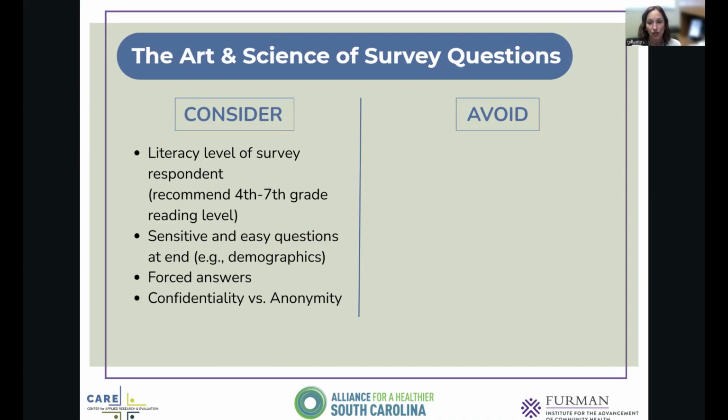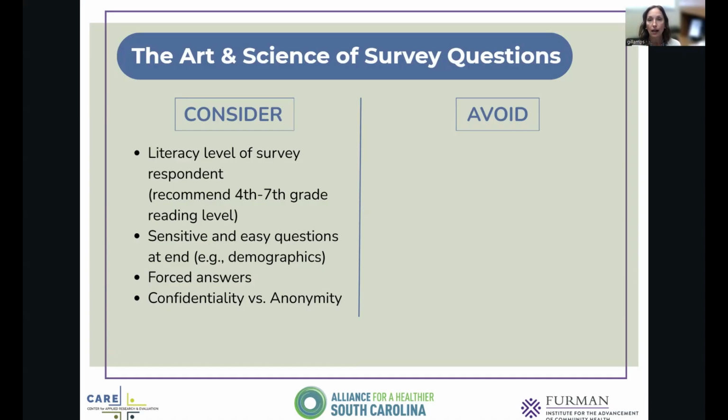Forced answers. People don't like to be forced to answer all questions. When I develop surveys, almost always I do them so that they're voluntary to answer, because to me, I'd rather have some data than no data. And then understanding the difference between confidentiality versus anonymity.